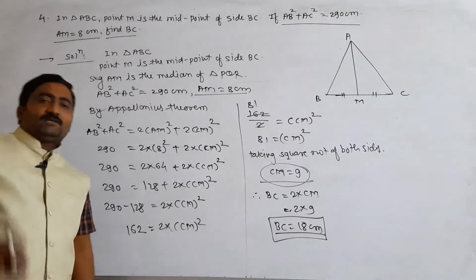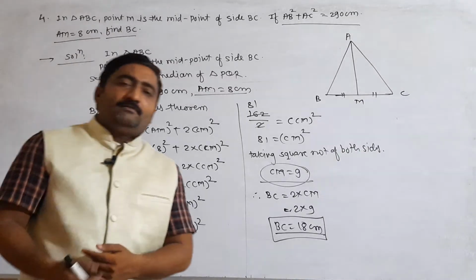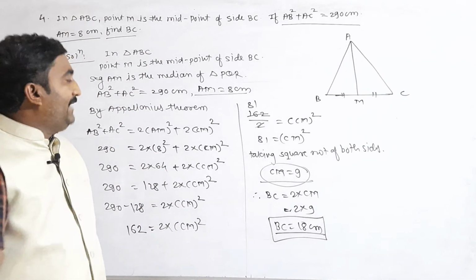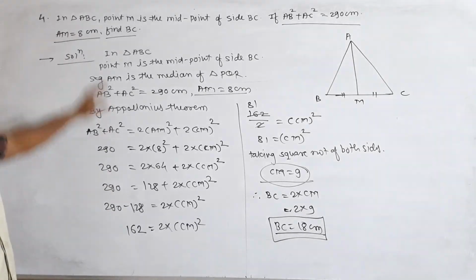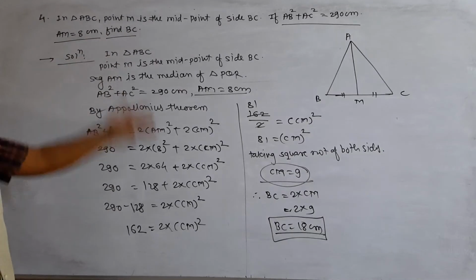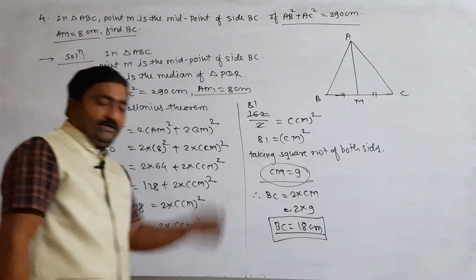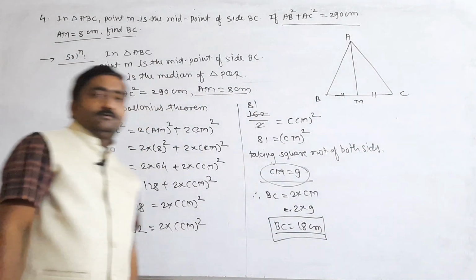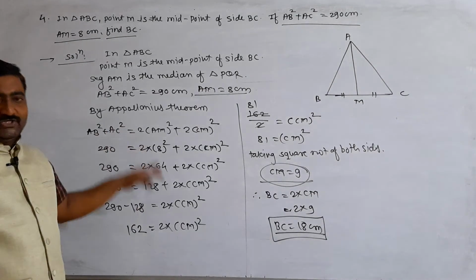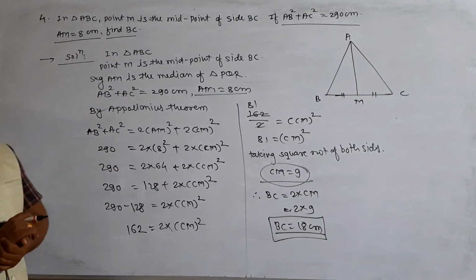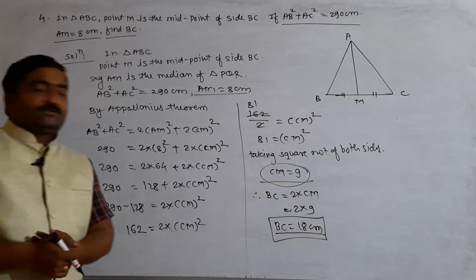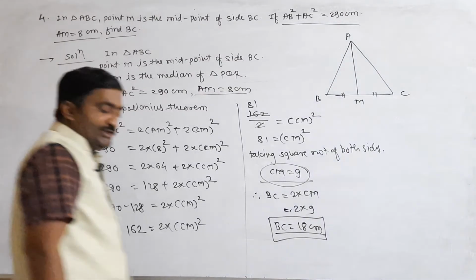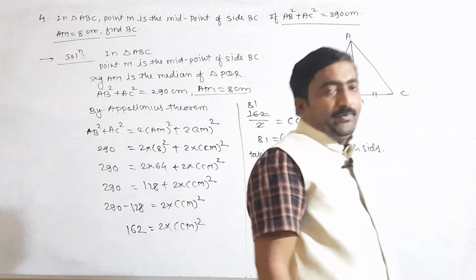The problems are given in your problem set and practice set, and our notes will be available for more problems. All these problems you have to solve at home, and if you have any problem, please send me that question. In the next period, we will see all those problems. So these are some problems depending on application of Pythagoras theorem or Apollonius theorem.